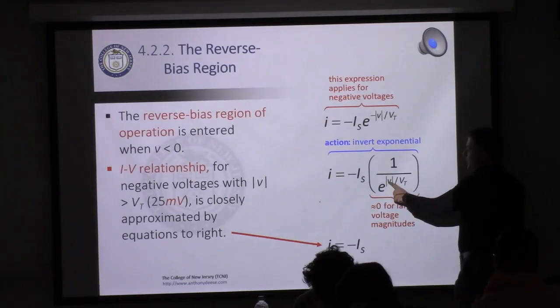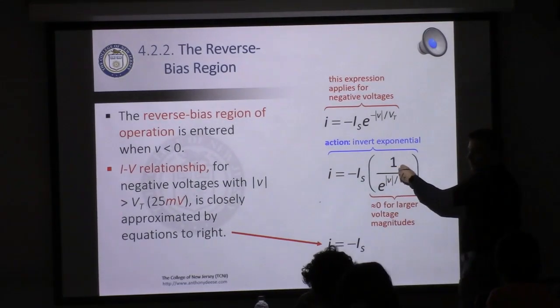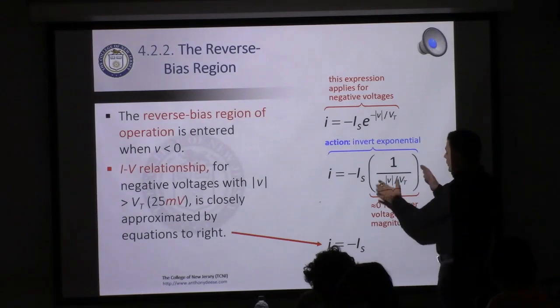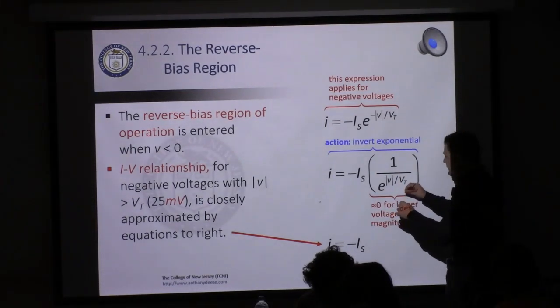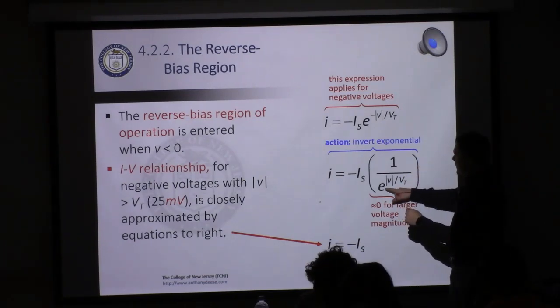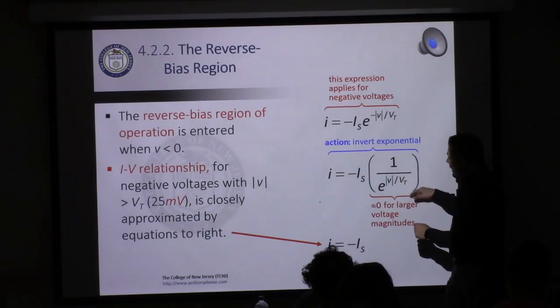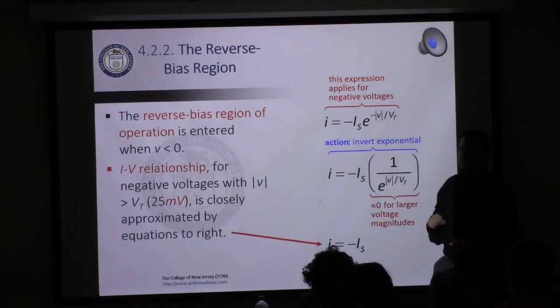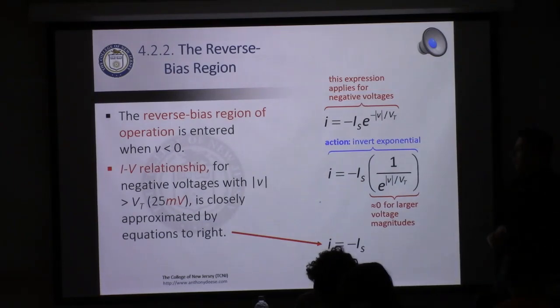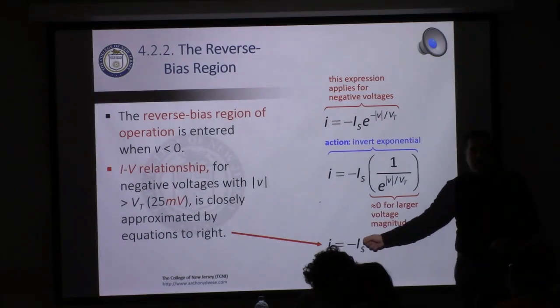The larger V gets in magnitude, the closer to 1 that this gets, because e to the 0 would be 1, so you have 1 over 1. And you'll be left with your I equals negative IS.